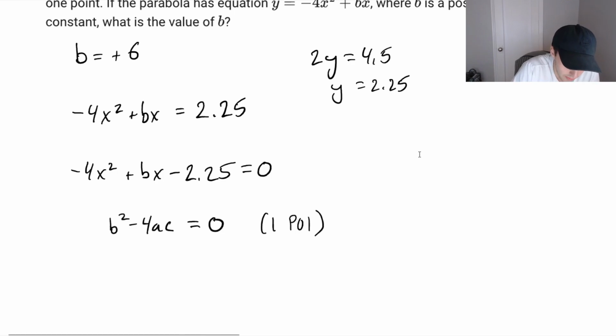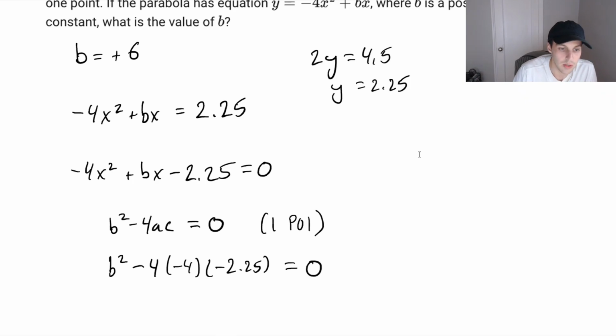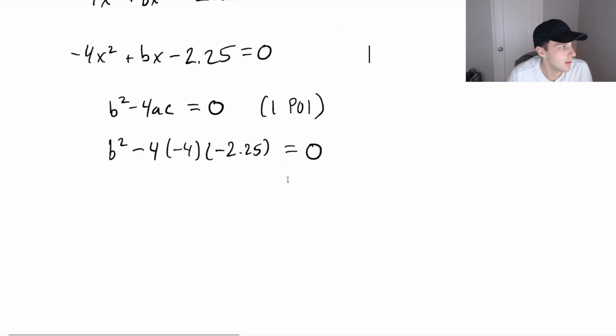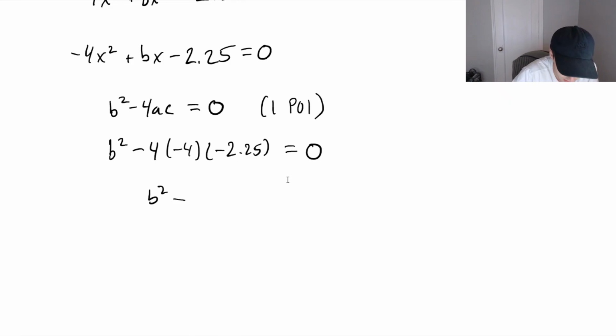So we have b squared minus 4 times, well, a is minus 4, c is minus 2.25, and this wants to be equal to 0. Doing this math, we get b squared minus, okay, 16 times 2 plus a quarter of 16, so that's 32 plus another 4, that's 36.